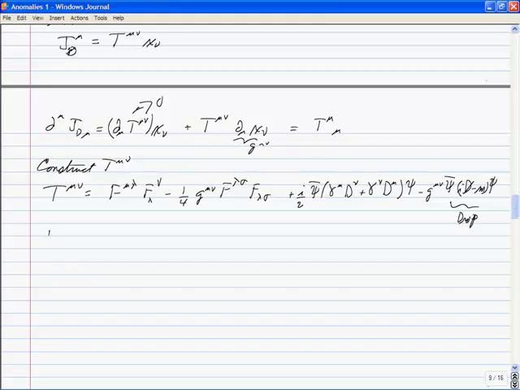Okay. And if I take the trace of this, T mu mu, the first term is 1 times F sigma lambda, F sigma lambda.